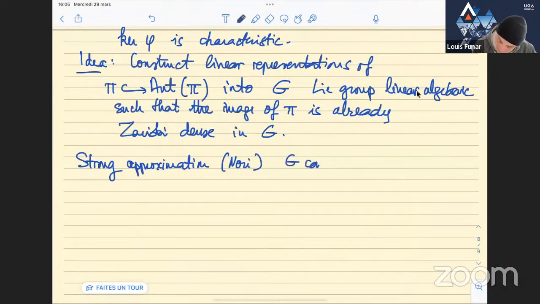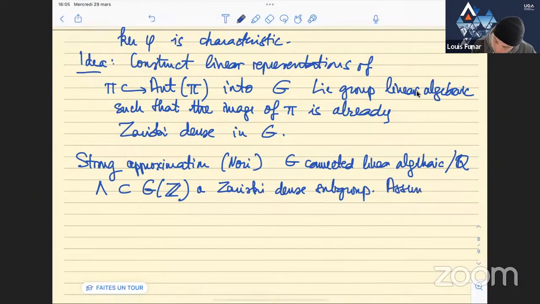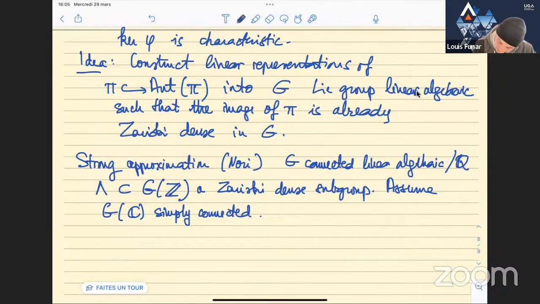If I take G connected linear algebraic, defined over the rationals, and I take lambda, a subgroup inside the group of integer points G of Z, which is a Zariski dense subgroup, we assume the points of G over C form a simply connected group from the algebraic viewpoint.